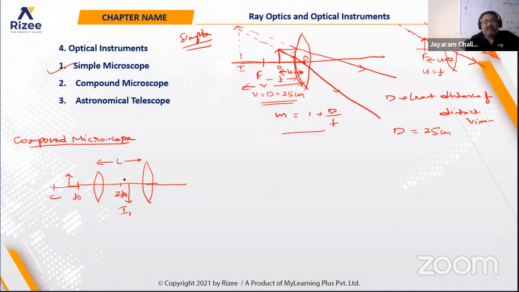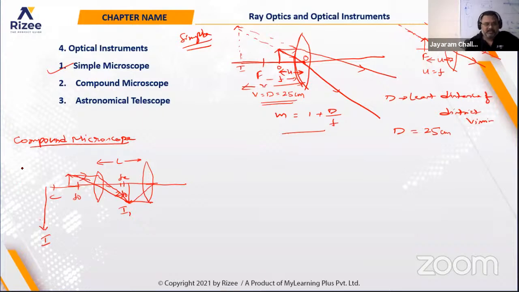When this image is taken as an object for the eyepiece, your final image will fall over here, behind the C here. If you want, you can put down the ray diagram like this. The rays will be passing, and your final image. The eyepiece is just behaving as your simple microscope.